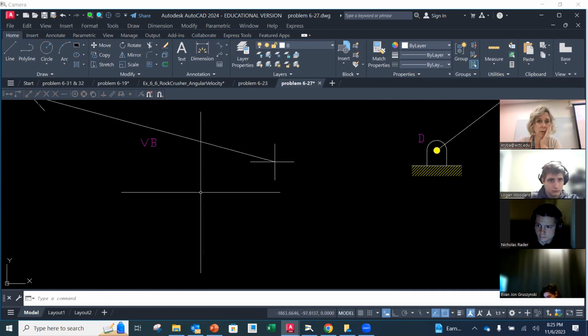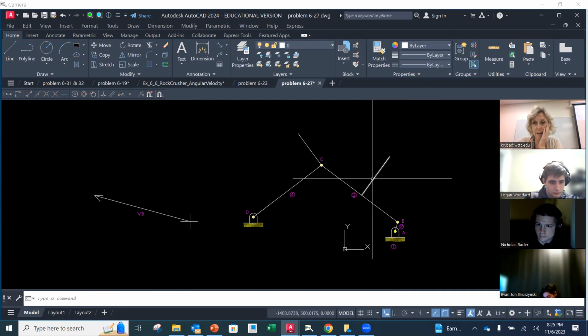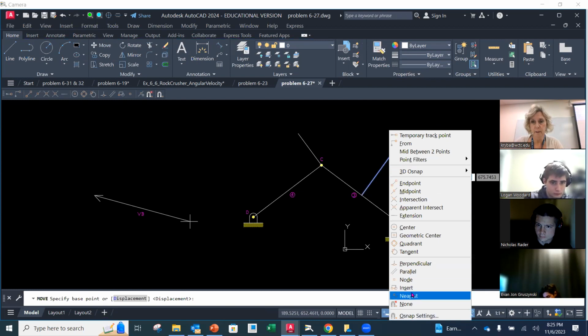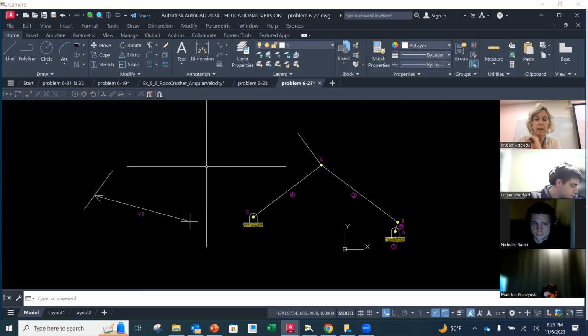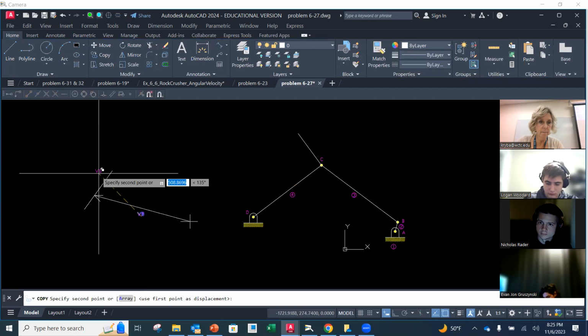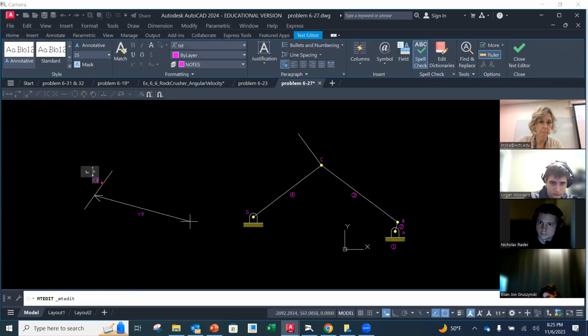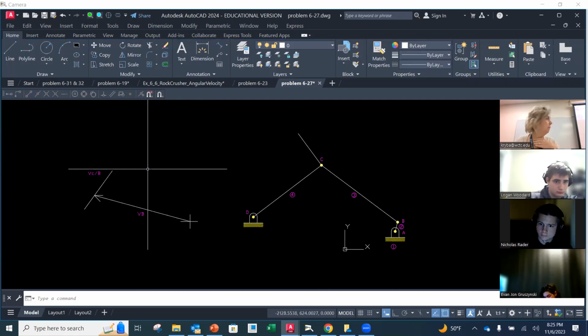Okay, questions so far? Now on the endpoint, or on the tip of the velocity of B, I am going to add the velocity of C relative to B. So I'm going to move this, okay, nearest, right about there, to that endpoint. And that's going to represent the velocity of C relative to B. Something like that.